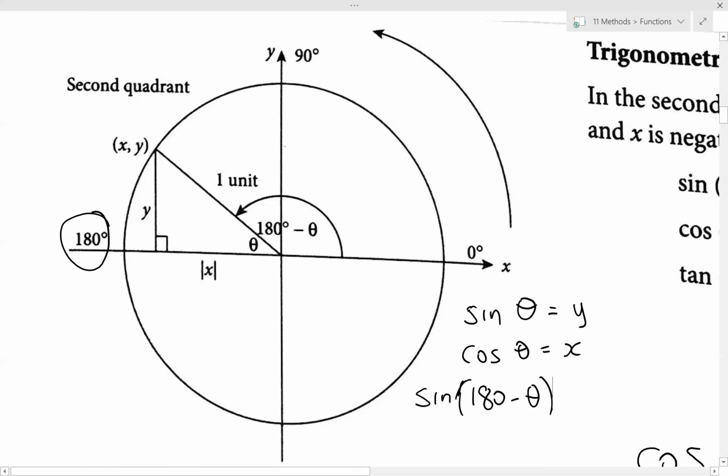So if I'm looking at the sine of 180 minus theta, it's actually going to be the same as if I had drawn my angle theta here, and I've got my x and y over this side. Remembering that sine of theta over here is the same as y.